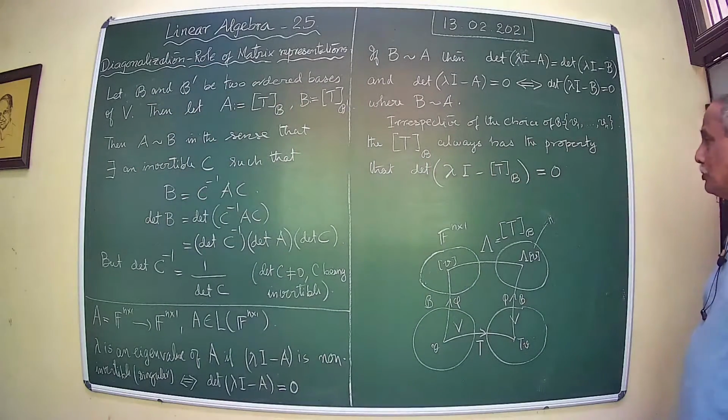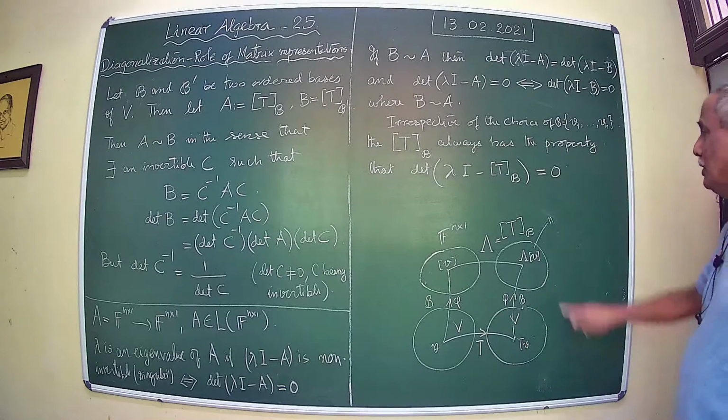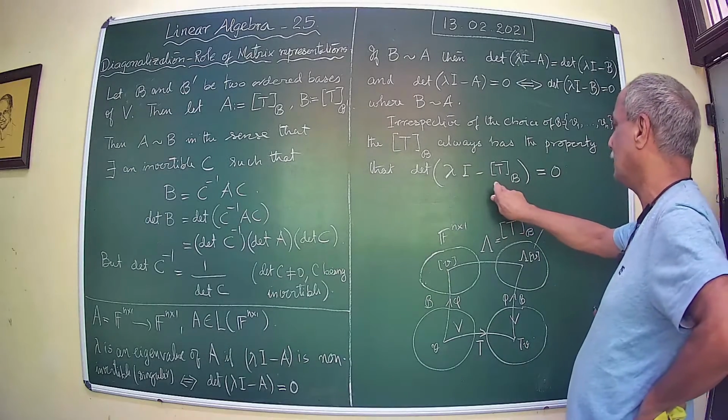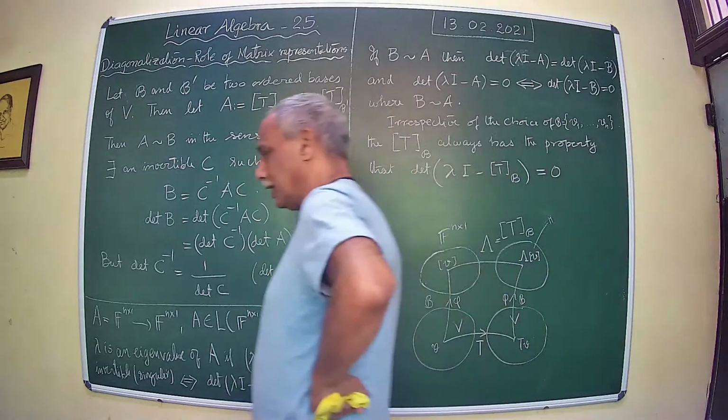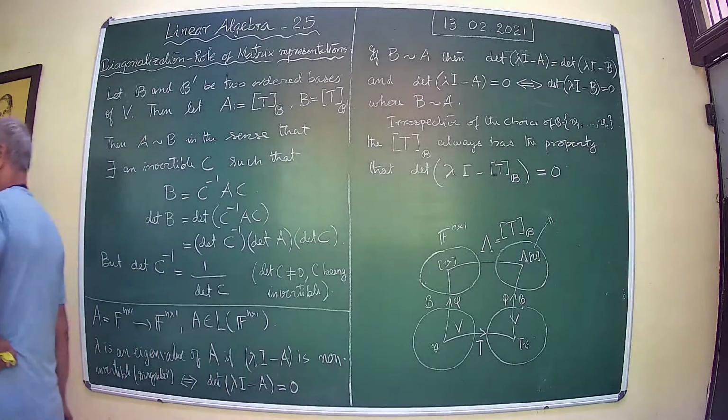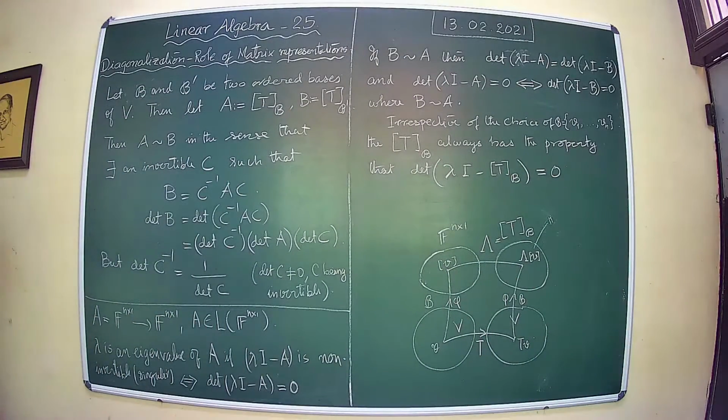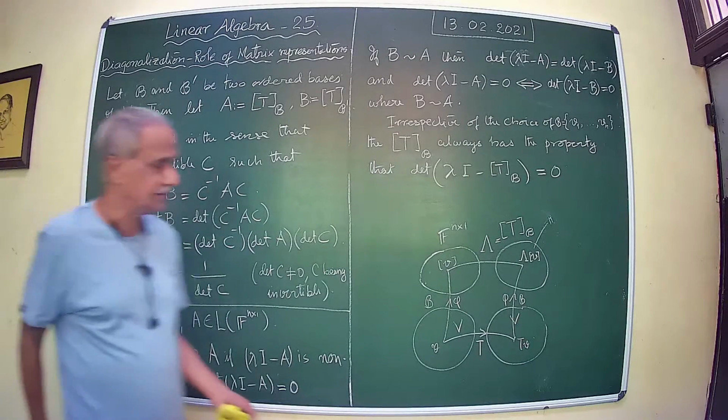What we want to do is, we want to diagonalize, find a diagonal matrix which is related to any one of these representations.